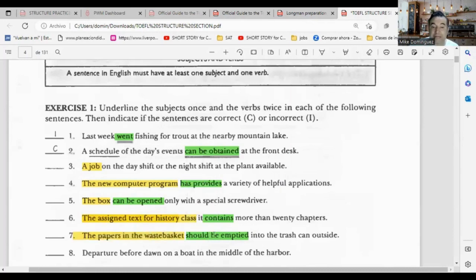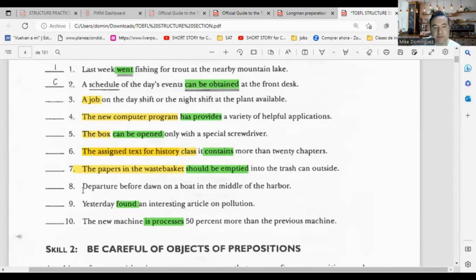Sometimes the subject may be very complex because they have adjectives and that's it. So don't always look for simple subjects like he or she or we. Sometimes they might be complex. Okay. Departure. Article.